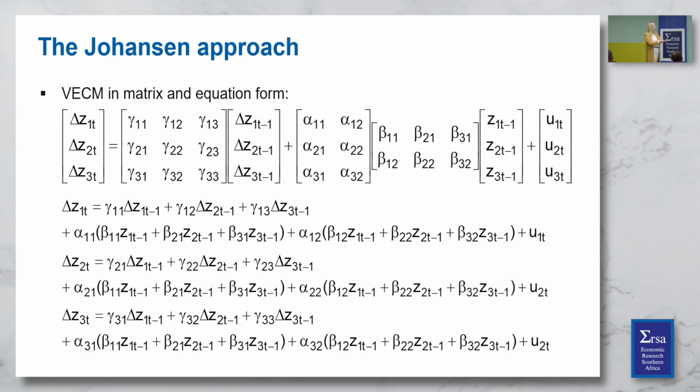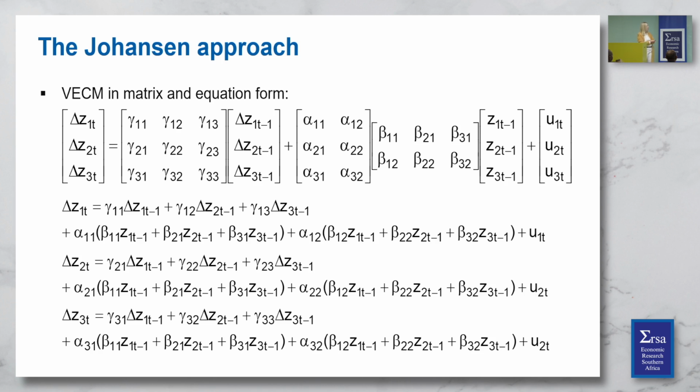You can see level, level, level, level, level, level, different betas in front, different speed of adjustments. And then you can decide, typically what we do is we put both long runs in every error correction model, or maybe we omit and we only keep money's long run in the money equation, depending on the exogeneity assumptions that we make.